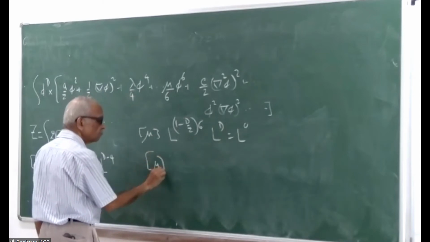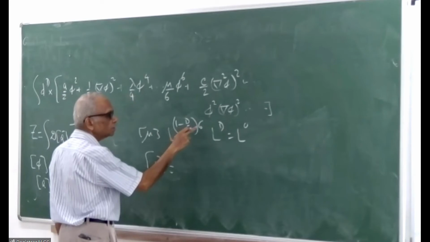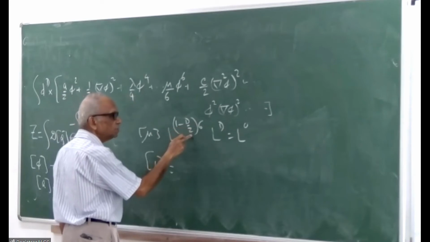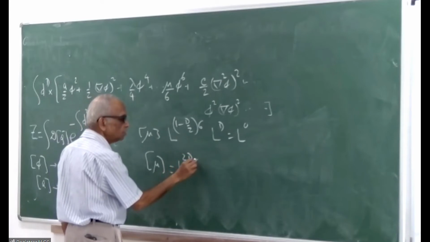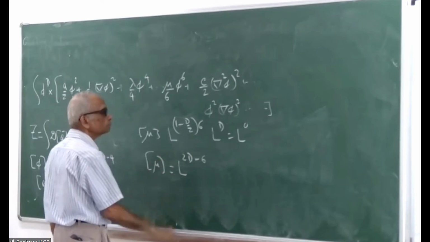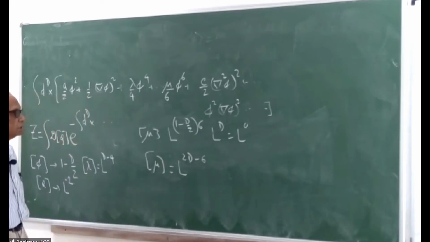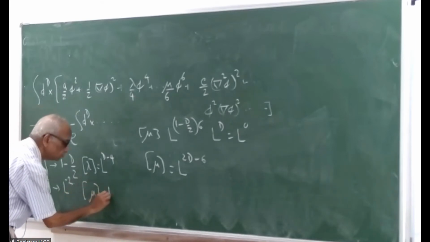So this becomes 6 minus 3d plus d, which gives the dimension of mu as L to the power 2d minus 6.